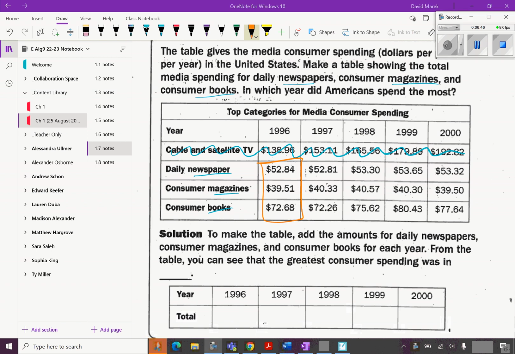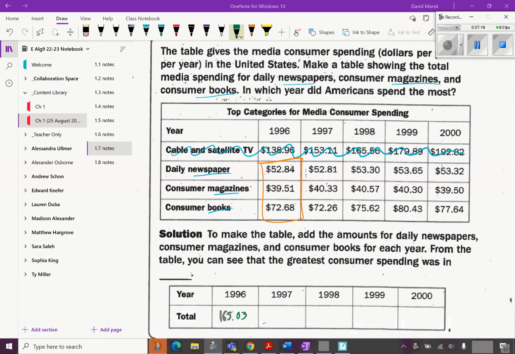So going all the way back to 1996, this is $165.03. Now, we had a problem earlier when we were trying to estimate, answer the question, how much is this going to cost if we only have this much money? And we rounded things off so we could estimate. In this case, since we have the specific data, we're not going to round these. We're just going to do the simple arithmetic.